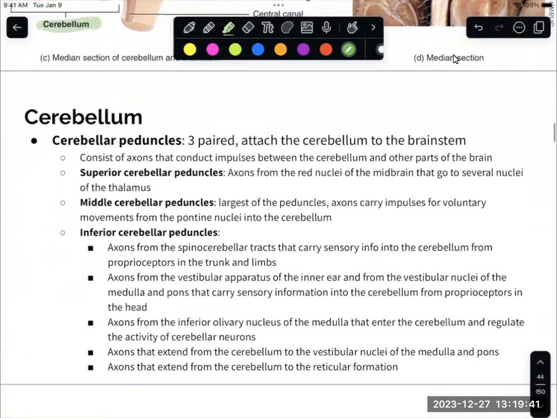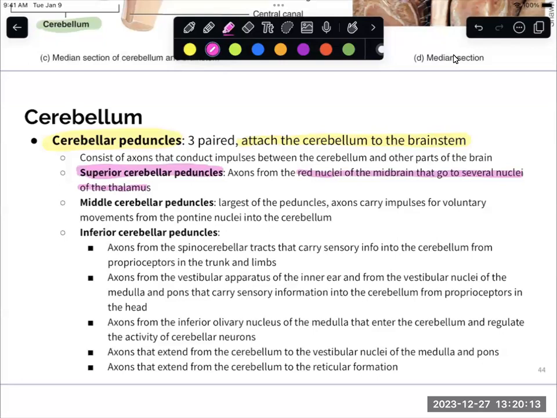We have 3 cerebellar peduncles. This is what attaches that cerebellum to the brainstem. So our superior cerebellar peduncle has axons from the red nucleus that go off to several nuclei of this thalamus.